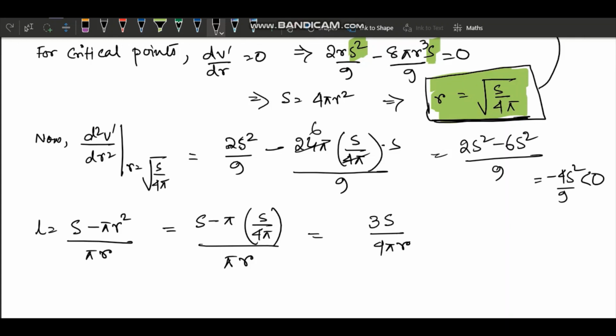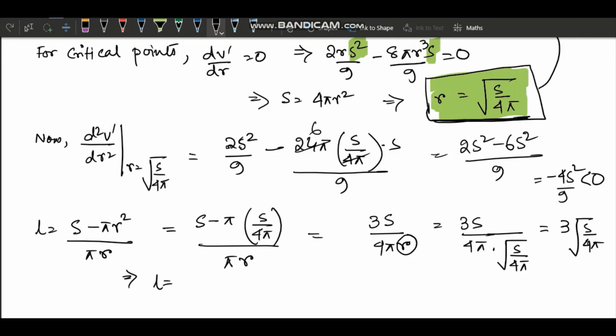Now you can substitute for r in the denominator also. So we have 3s by 4 pi into s by root over of 4 pi. So again simplification gives us 3 into root over of s by 4 pi. So obviously we have evaluated r and we have evaluated L, which is equal to 3 into root over of s by 4 pi.